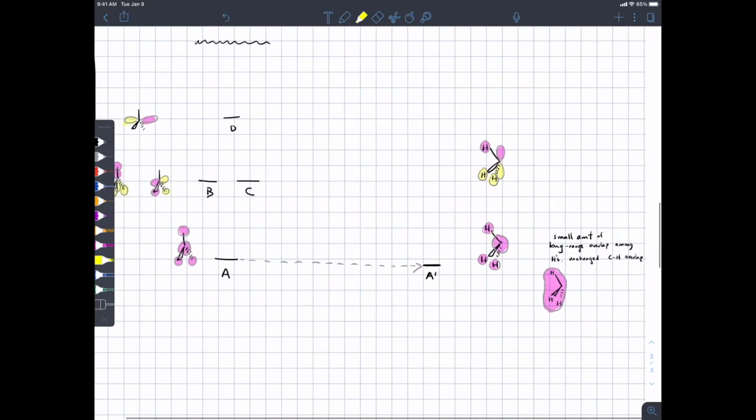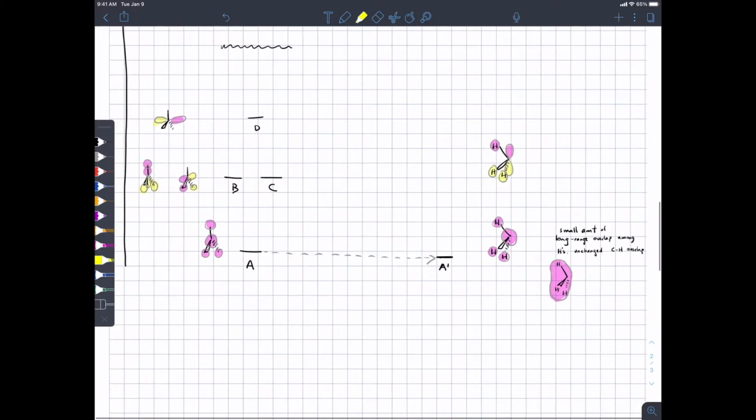Okay, so compare those two. What do you think overlap looks like when you compare those two? Does it get better when it was trigonal planar or better when it was pyramidal?